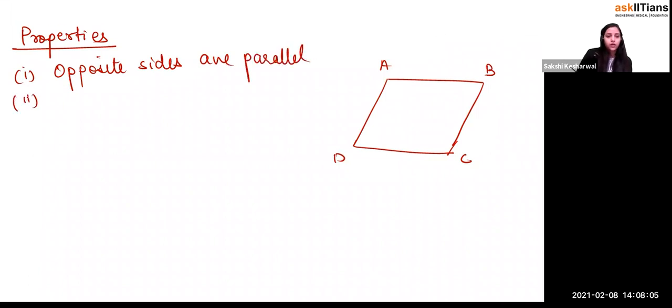Second is that all sides are equal. This side is parallel to this side, and all sides are equal.